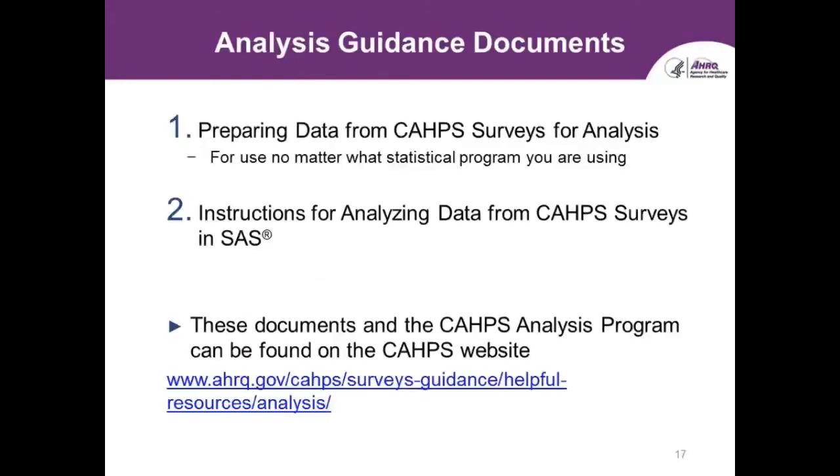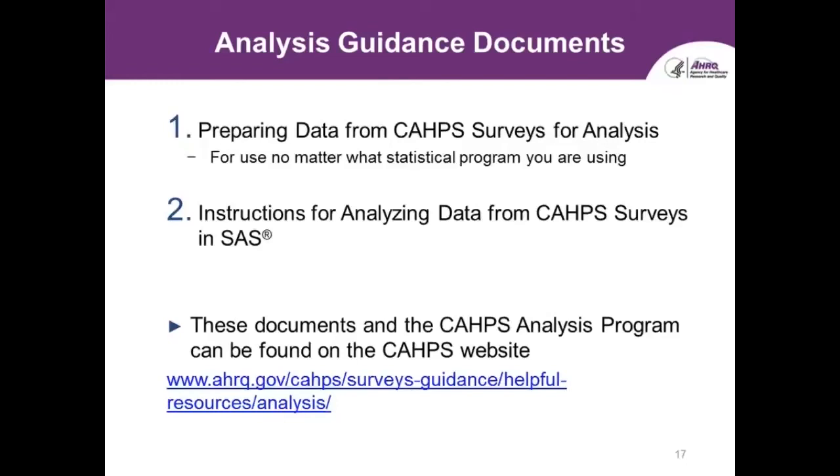All right, so that was a lot, I am sure, and I ran through that relatively quickly. So there are some guidance documents available to walk you through this that can be hopefully really helpful. The two that I'm going to talk about today are preparing data from CAHPS surveys for analysis, and this document can be used whether you're using SAS or not.